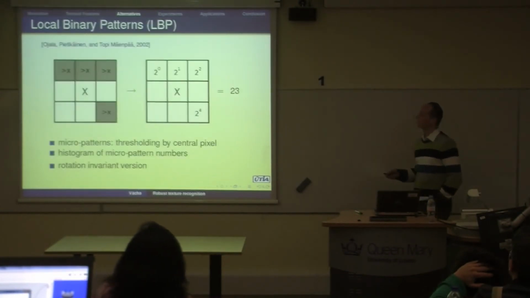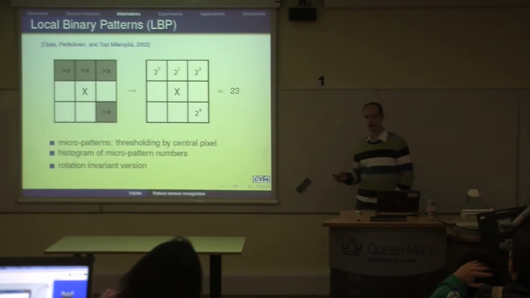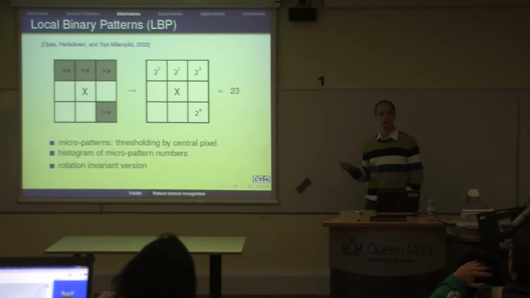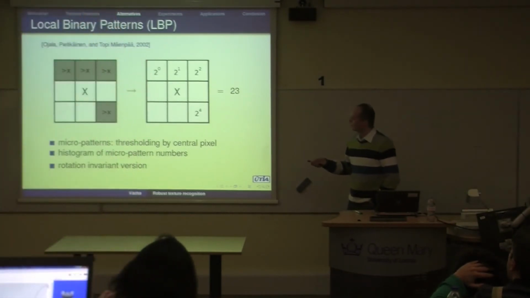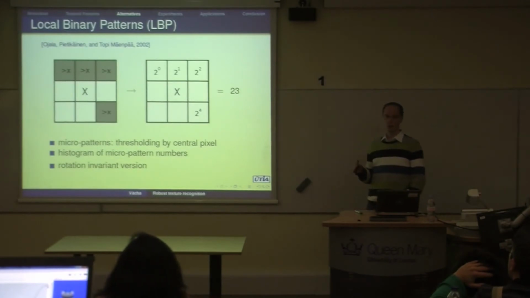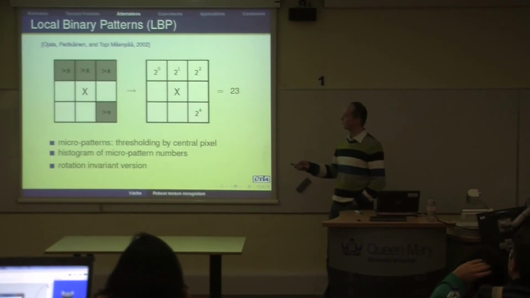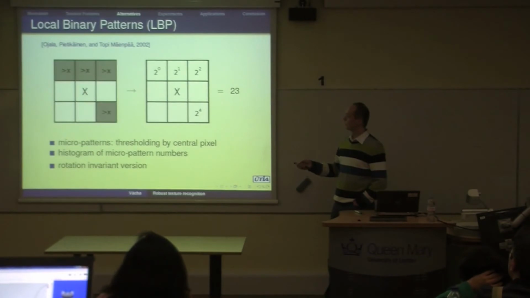Another, nowadays very popular, method is local binary patterns. Who knows this method? Okay, so this method is basically a histogram of micro patterns. It works in a way that you have a central pixel, and you look at the pixel neighborhood, and you look at which pixel values are greater and which are lower than this pixel value.